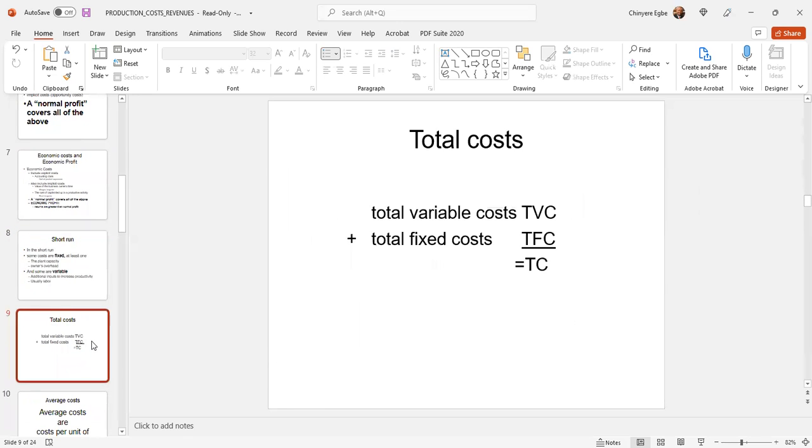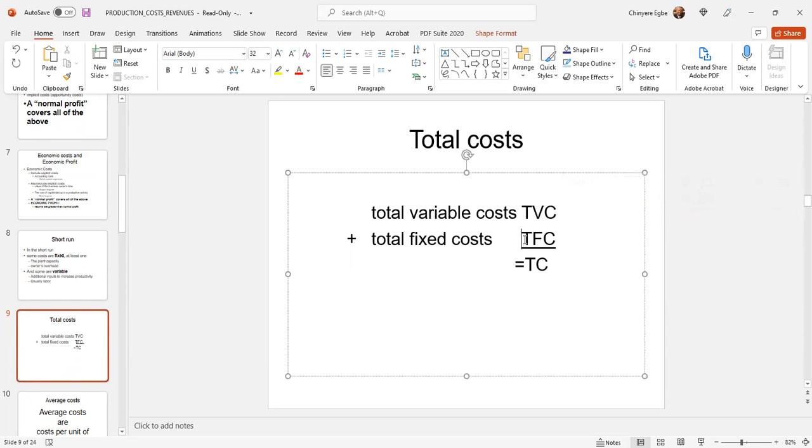So total cost is a combination of the total variable cost plus the total fixed cost. So this is very clearly written: total variable cost, TVC, plus total fixed cost, TFC, is equal to total cost.